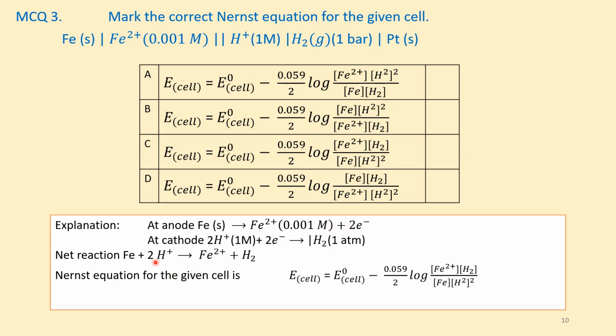The Nernst equation for this is E of cell is equal to E naught of cell minus 0.059 divided by 2 into log of, products Fe2+ and H2, divided by reactants Fe and 2H+. 2H+ can be written as H+ to the power of 2. Mark it. Option C is the correct answer.